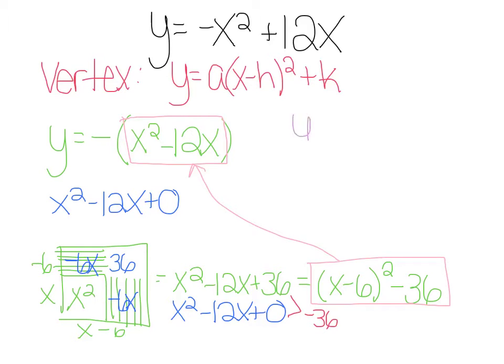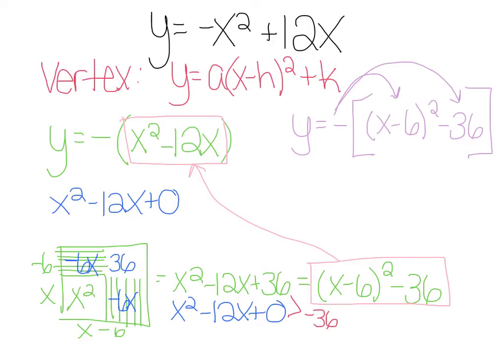So what we have is y equals the negative of, now I'm going to replace x squared minus 12x with my vertex form. So I have x minus 6 squared minus 36. So I'm going to take my negative and I need to distribute it to each term. Now, when we multiply this negative 1 times x minus 6 squared, I can't go, oh, the negative of 1 times x minus 6 squared is actually negative x plus 6 squared.